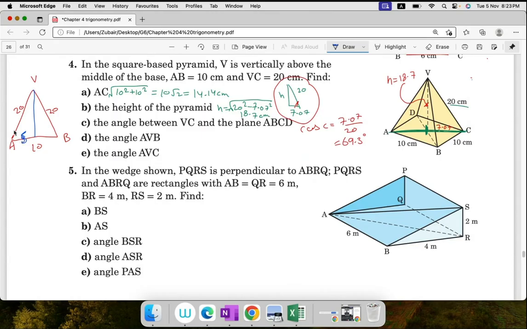Using 5 and 20 to find half of the angle, I'm labeling it theta. So tan of theta is perpendicular over hypotenuse. So theta is shift tan 5 by 20, which gives me 14 degrees. And this full angle would be double of that. So AVB is equal to 28 degrees. Any issues? No, sir.